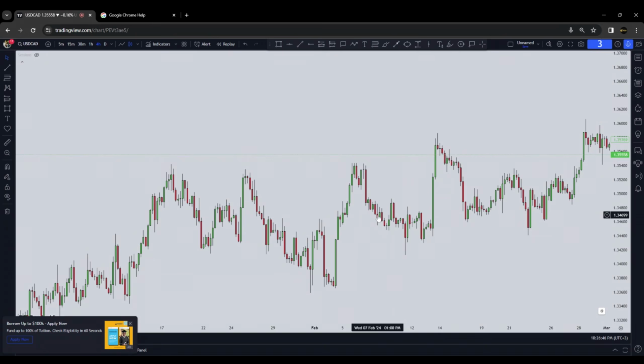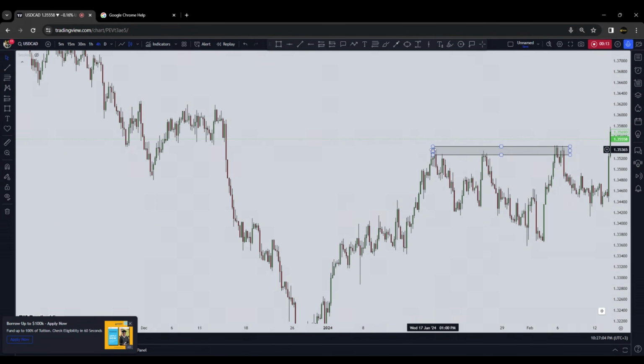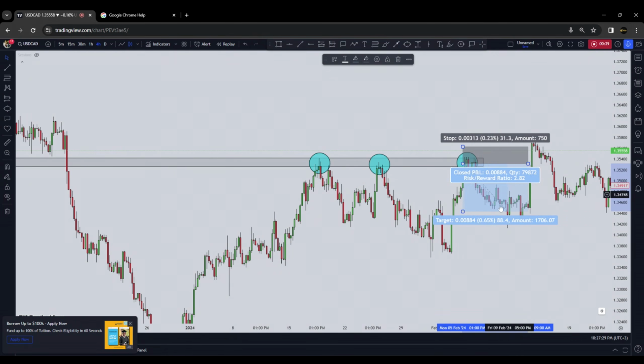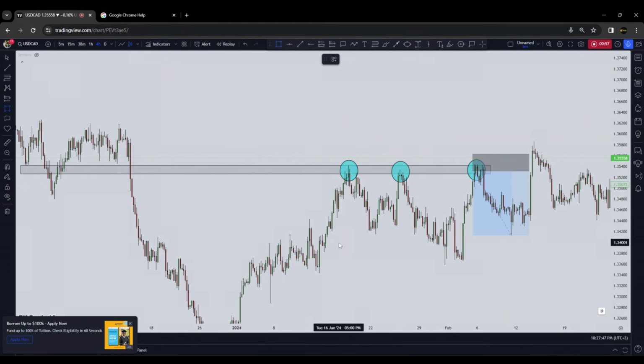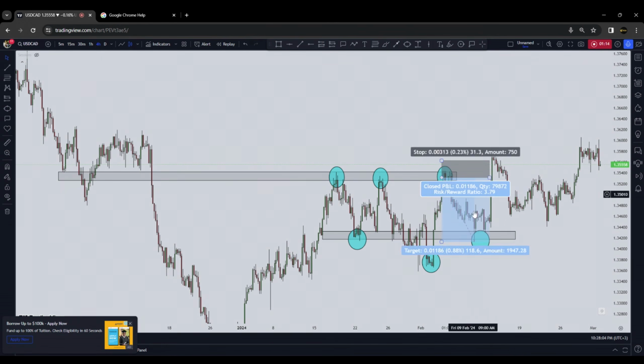First of all, as you can see on the chart right here, we are having this level of resistance, and again we are having this, which is called a triple top, and you know this is a reversal pattern. We took this trade right here, but let me show you something. Most of them were waiting for here, which is a head and shoulders, so that they can buy the market.